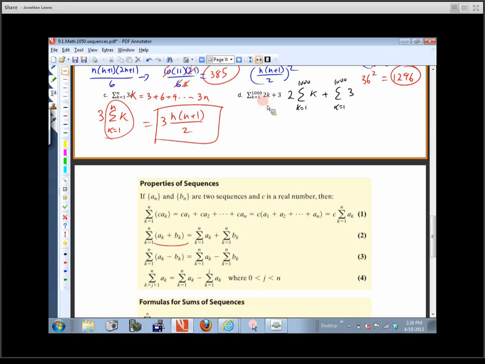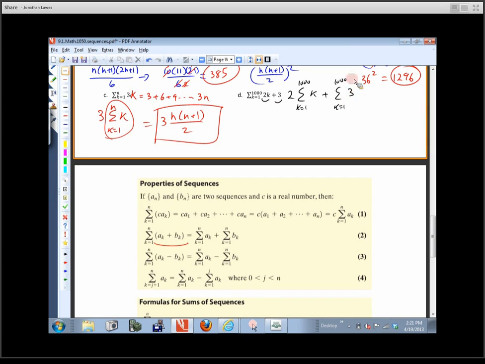Okay, that produces a sequence, and that produces a sequence. So what I did is I pulled the 2 out front, leaving the k right here. And then I'm going to add these 3's up separately right here. Aren't there going to be 1,000 3's in this list? Does that make sense?